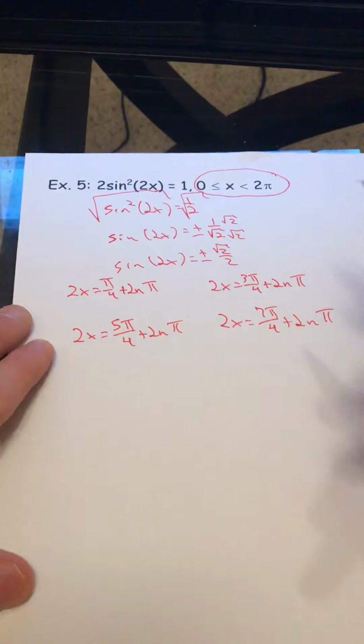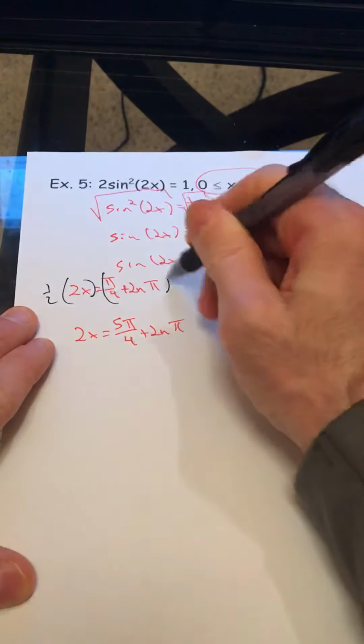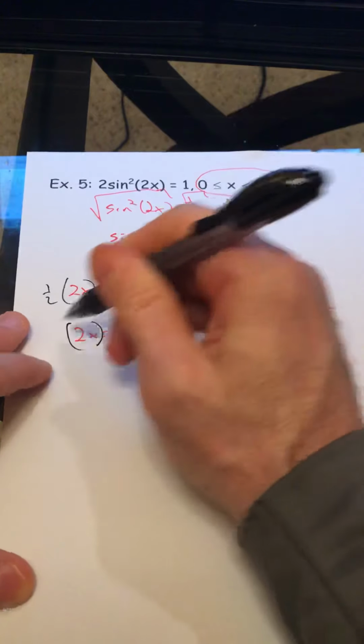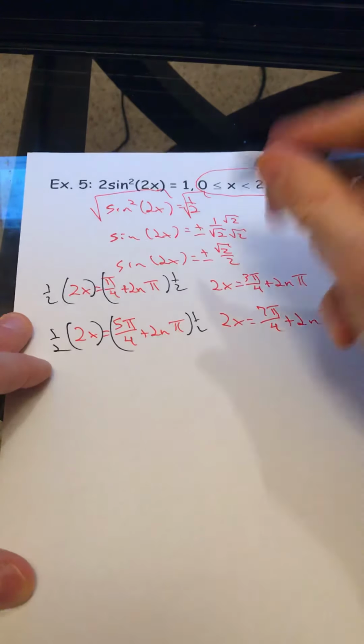Now, once again, we are going to multiply everything by the reciprocal here.